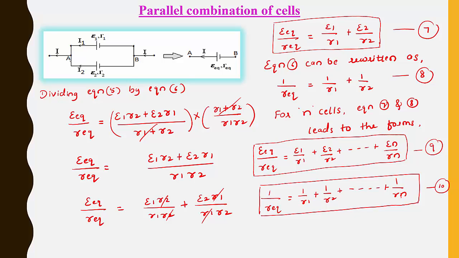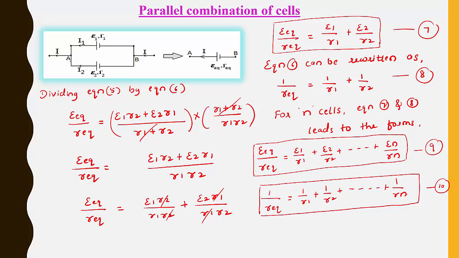So this is the expression for parallel combination of cells. Equation 9 and 10 give the EMF and internal resistance of two cells or n number of cells connected in parallel. This derivation carries 5 marks.